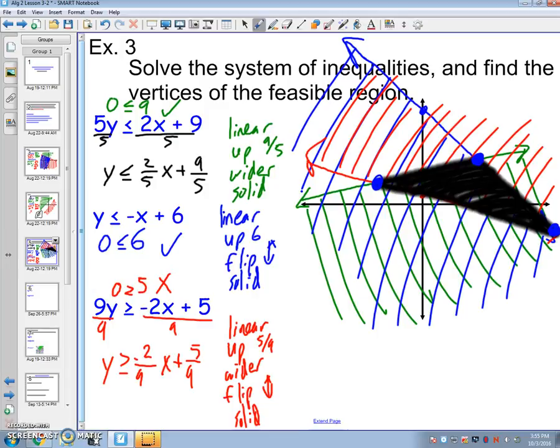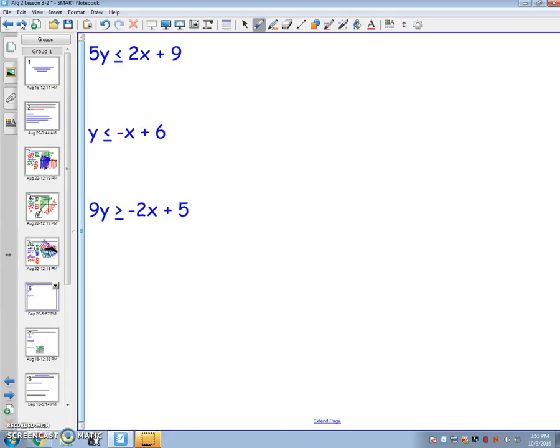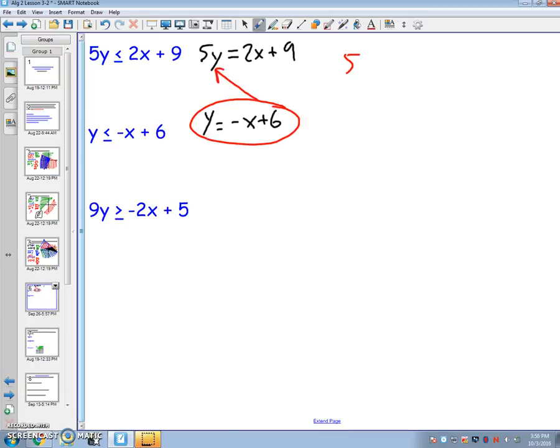So to find that, you're going to have to solve them 2 at a time. So from last section, 3-2. So this first one, I have 5y basically equals, because that's just for shading, 2x plus 9. In the second one, I have y equals negative x plus 6. But if you notice here, for these first 2 problems, I'm going to do substitution. If I plug this y for y right here, I get 5 times negative x plus 6 equals 2x plus 9.